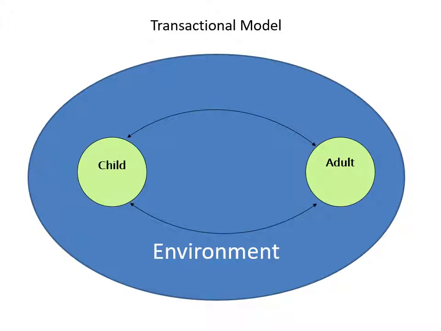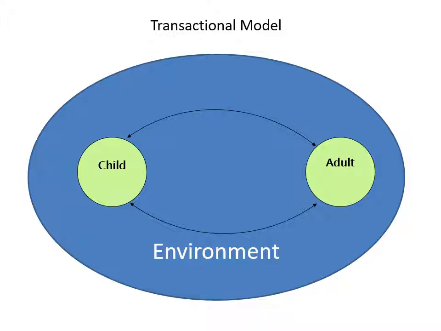So social interactionist models are grounded in what's called a transactional model. And in this model, we see that people live within an environment. So there's the physical environment, there's the verbal environment. That environment then includes the adult and the child, and we'll talk about a child on the spectrum and maybe their parent.